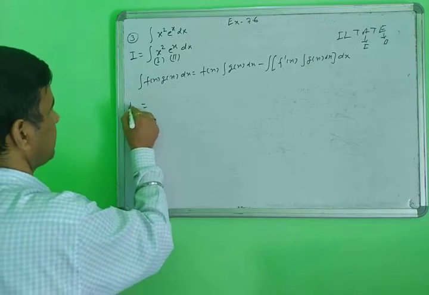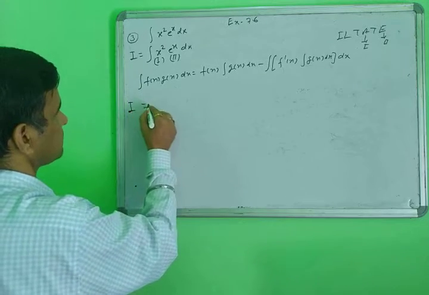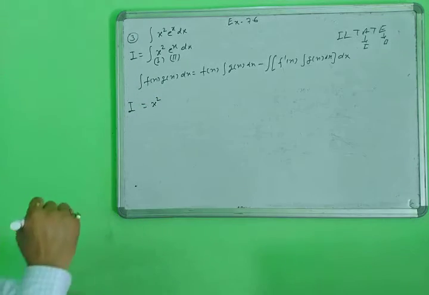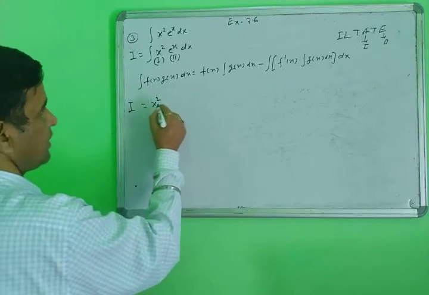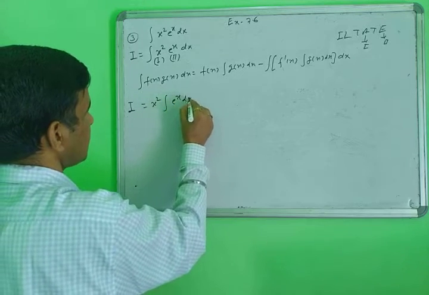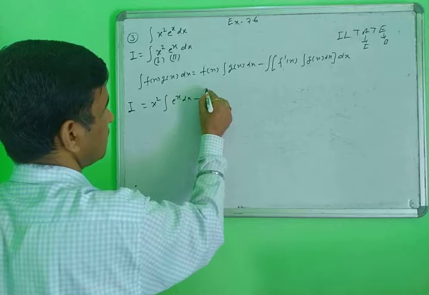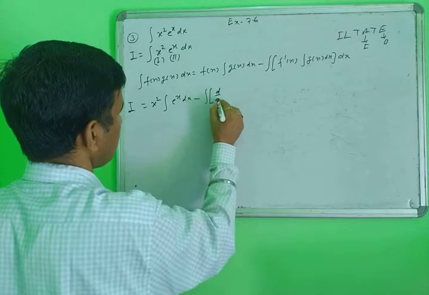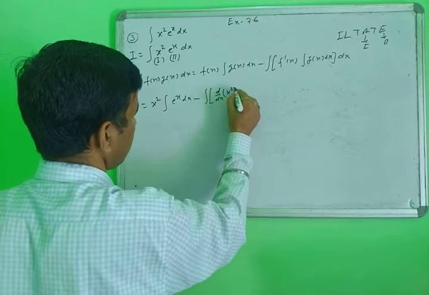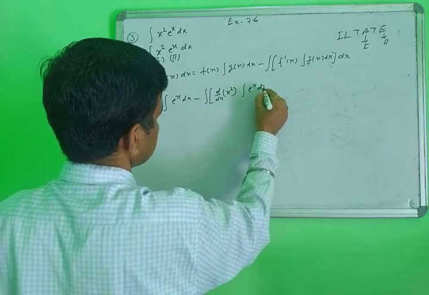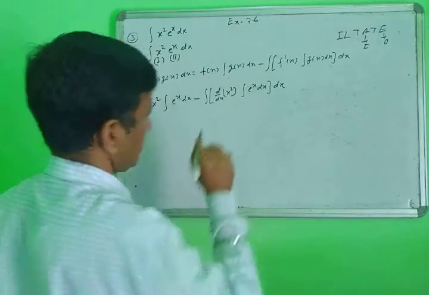Then I equals first function x square, times the integration of e exponent x, minus the integration of d over dx of x square times the integration of e exponent x dx, dx.